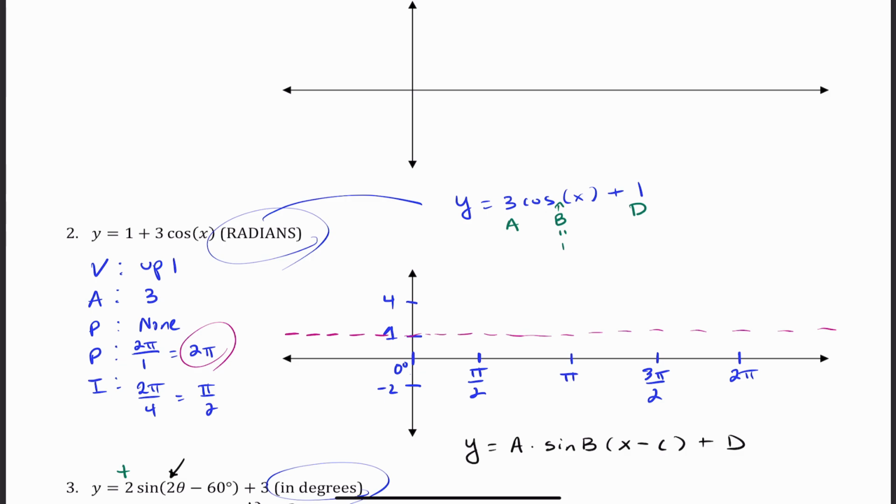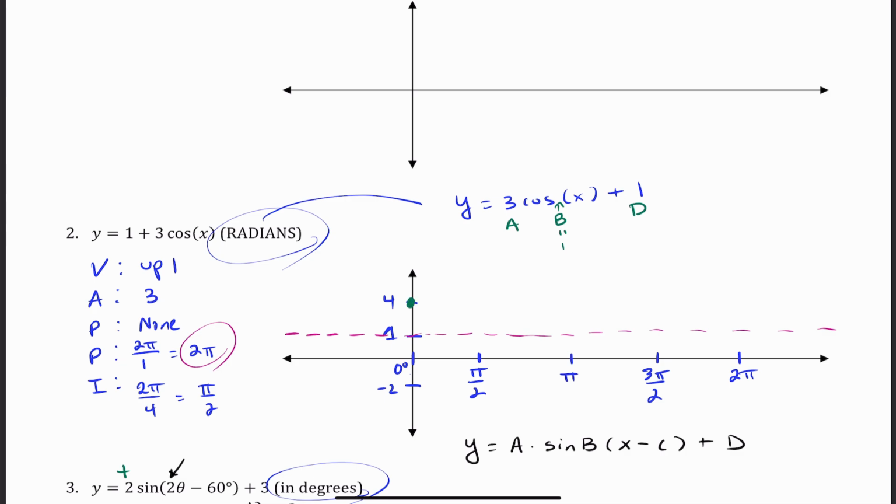Okay, so we are dealing with a cosine function. So we're not going to start directly on the middle, okay? So here's the thing. What we need to do is whenever we have a cosine, we start at the highest point, which is 4, okay?